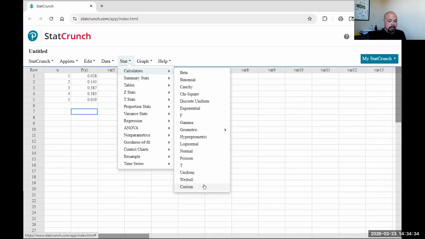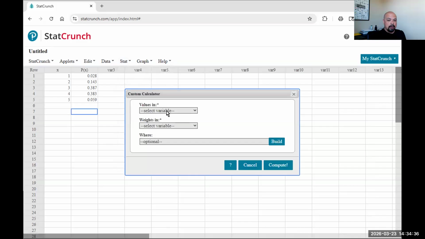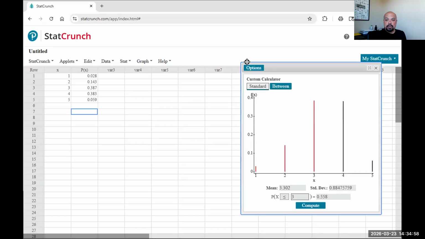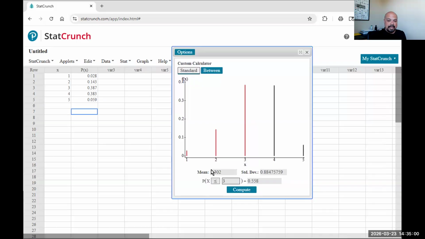So we're going to do a custom calculation, and we're looking at a weighted mean, okay? So the weights, these are going to be our probabilities. So our variables are x's, that's the values that we get for our variable, right? The weights, that's our probability, that's our p of x. And now we compute. And for those values, we have our mean, that's our expected value, and the standard deviation like so.